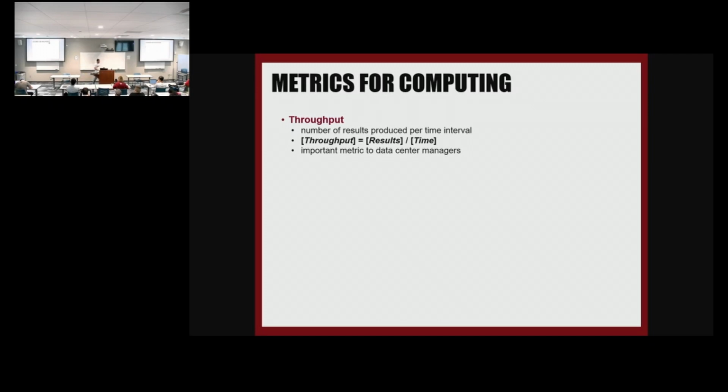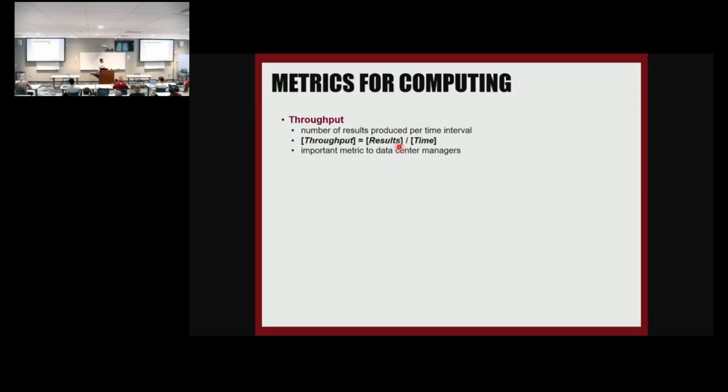Throughput, as you can see here, is equal to how many outputs we can get in a specific time interval. So here we're not talking about how fast the system is. We're just looking at the number of outputs that we can get.